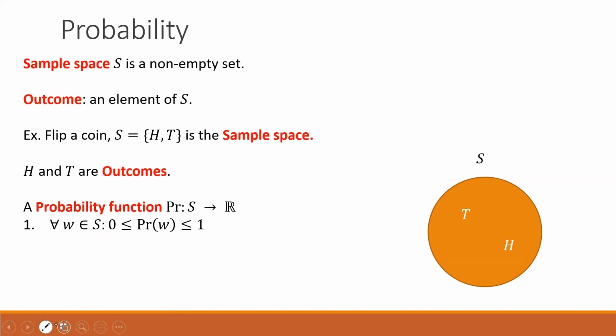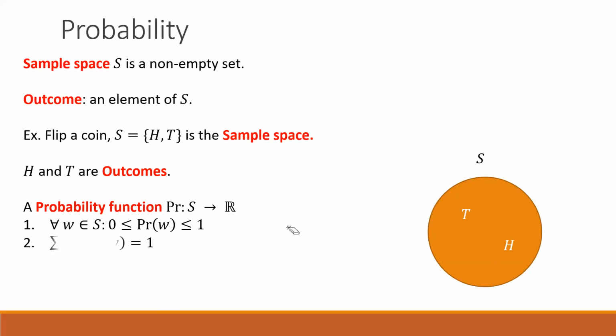So for instance, my probability of W could be 0.5 if I'm talking about the probability of flipping tails or heads on a fair coin. So I'm going to have some number. It could also be, although this would be pointless to have in your sample space, a probability of 0, and you could have a probability of 1, which means that it always happens.